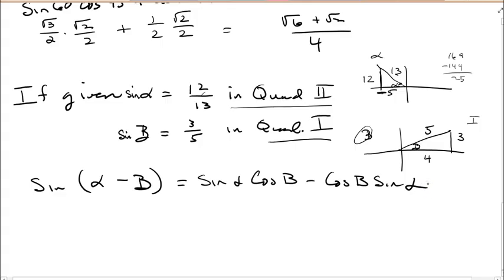Now here's the cool thing, we have no idea what alpha and beta actually are, and that's perfectly fine. We don't need to know what alpha and beta are, because I can go right to my pictures. Sine of alpha, well, that was 12 over 13. It's given in the problem also. Cosine of beta, it's like doing a little key here, like a map. Go to beta, take cosine of beta, and that's going to be 4/5.